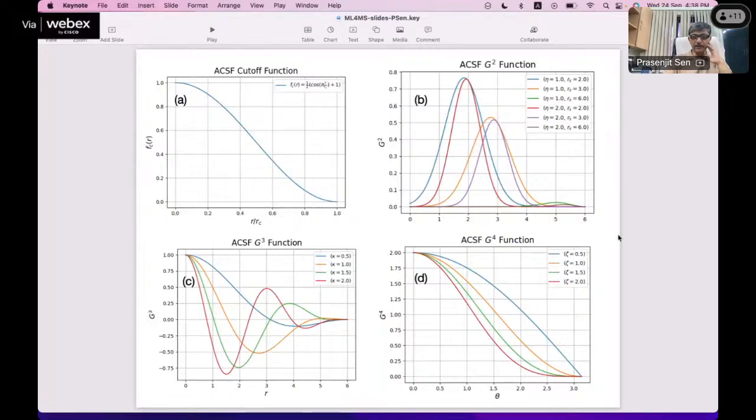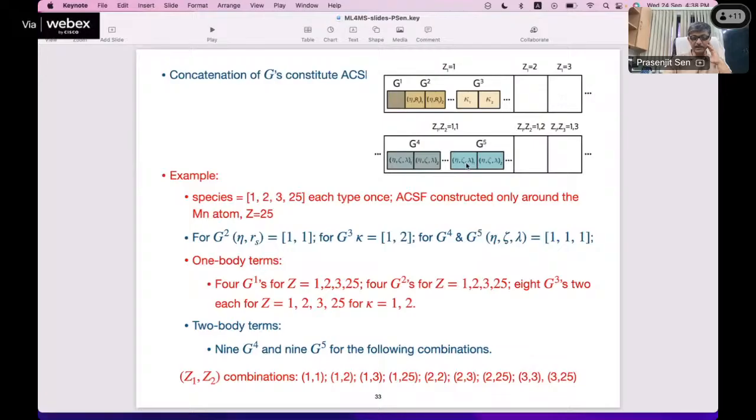And same for eta, zeta, and lambda for the G4 and G5 three body functions. And how are they arranged? They are arranged in the following way. It's not that you necessarily need to remember these things, because this is internally coded in something called the dscribe library, which I said we will discuss after we finish these discussions.